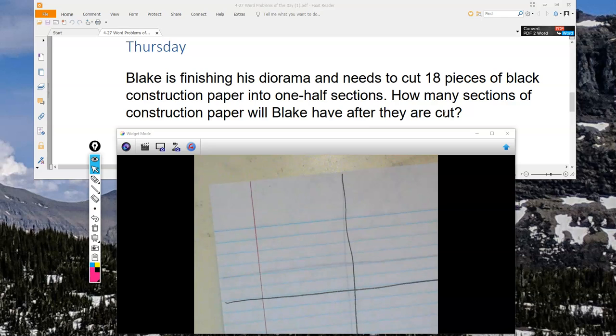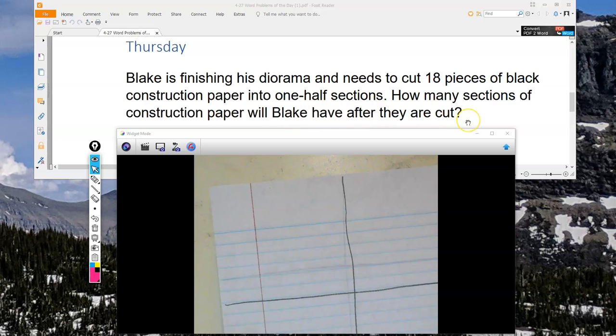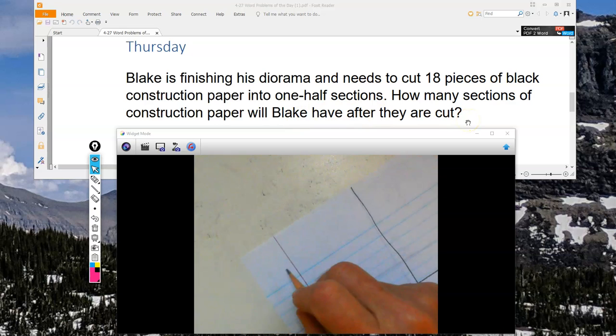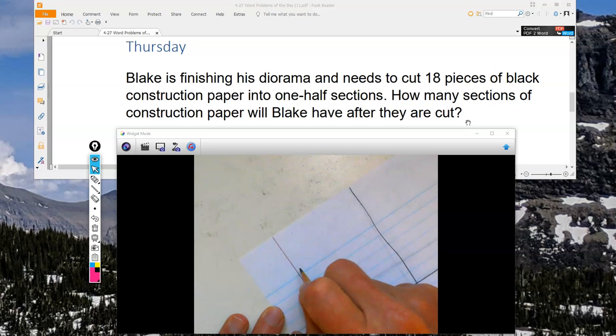We've heard this one or something very similar to it before, so I have a pretty good idea of what to do. I'm going to read the answer sentence first. How many sections of construction paper will Blake have after they are cut? I can put either Blake or he. Let's do Blake.